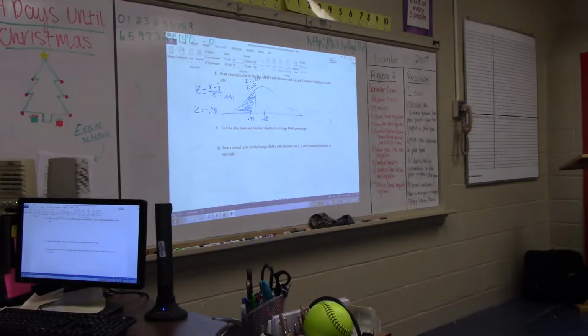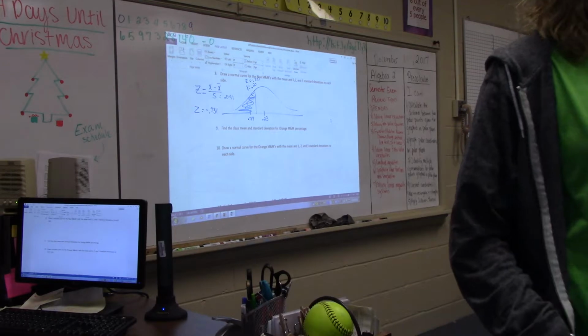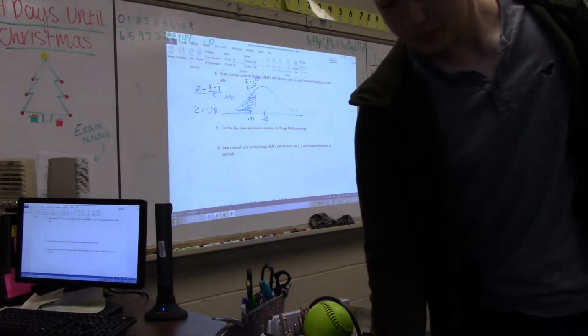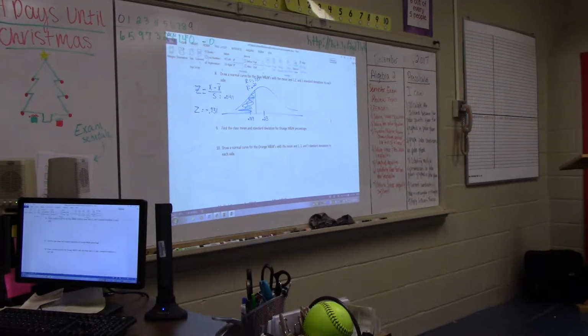And the upper is going to be 6.8. Okay, so you are around the 80th percentile. So your count of M&M's is greater than 80% of this class. That's what that's telling you.